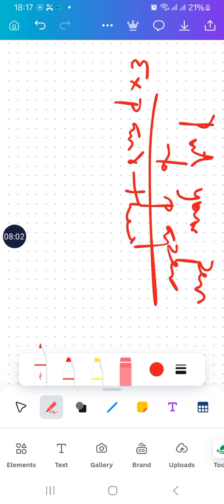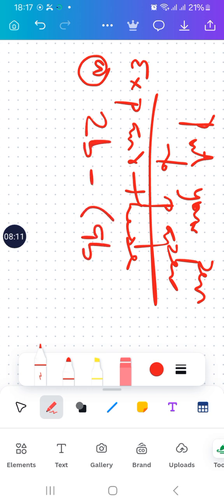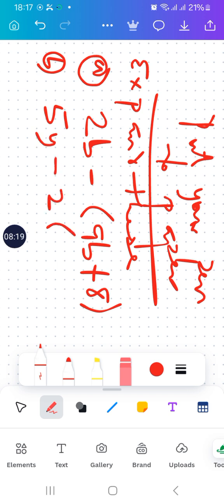My very first one will be 2b minus 9b plus 8. Expand that. Then the next one, 5y minus 2 into bracket 6y minus 9. Expand that.